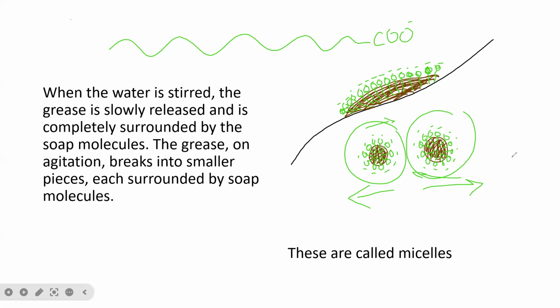So the cleansing action of soap can be the same as the emulsifying action of soap, even though in some textbooks you see them treated separately. But if they give you the principle in both of them, you see that it's the same thing they are talking about in both cases.